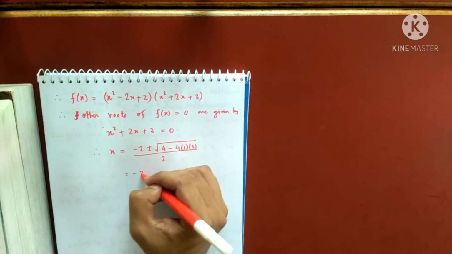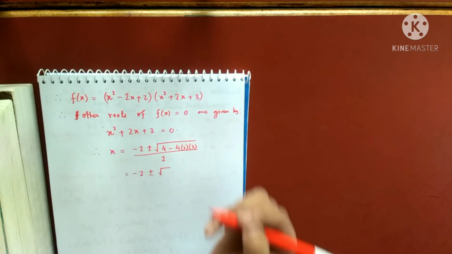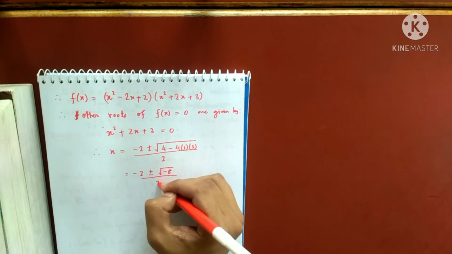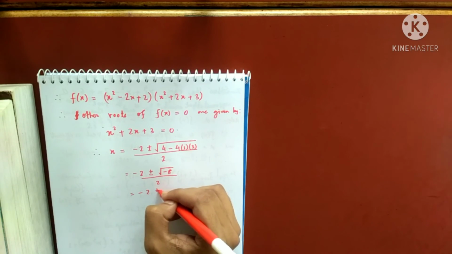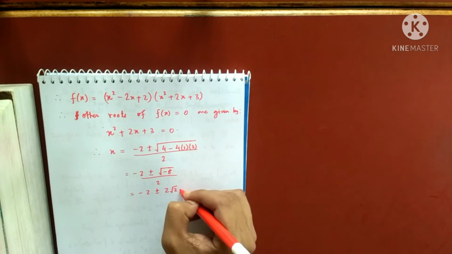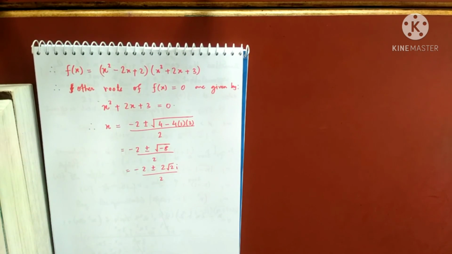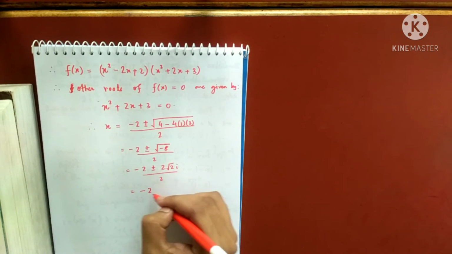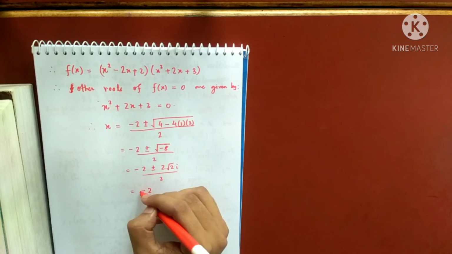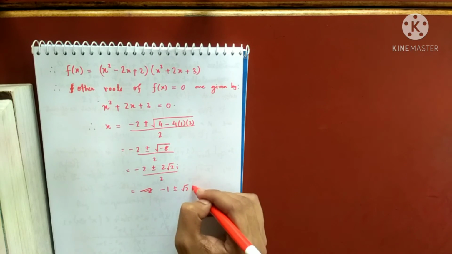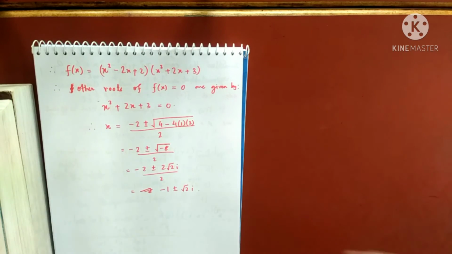So this is minus 2 plus minus root over 4 minus 12, which is minus 8. So minus 8 is nothing but 2 root 2 i, right? If I take 2 common, minus 1 plus minus root 2 i.